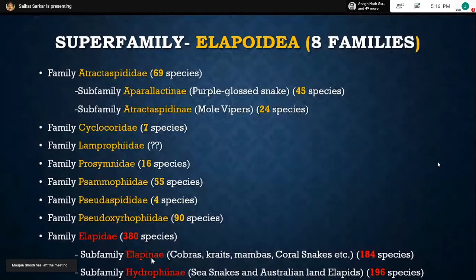All the sea snakes actually inhabit seawater, and there are species which are found in the terrestrial environment also. All the medically important land snakes of Australia are hydrophines.